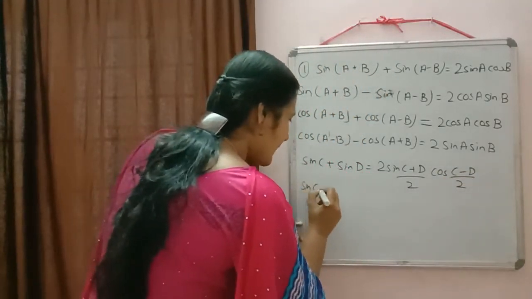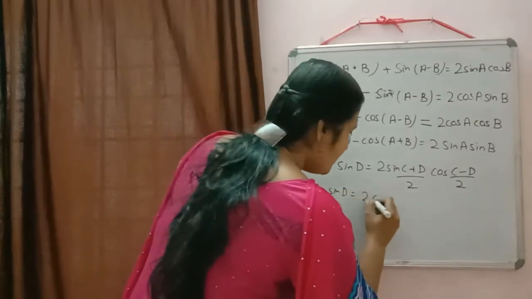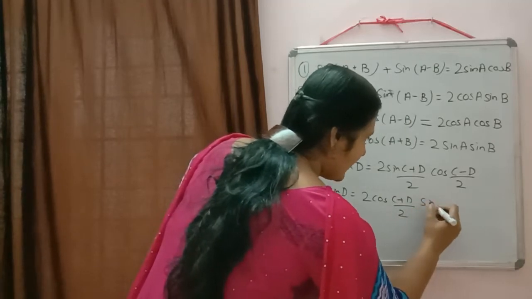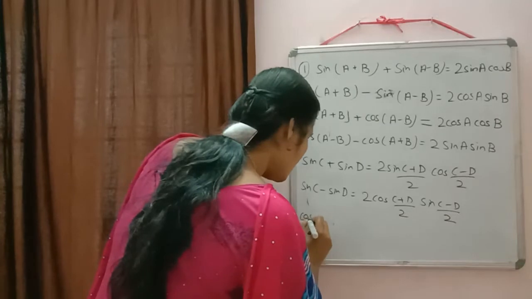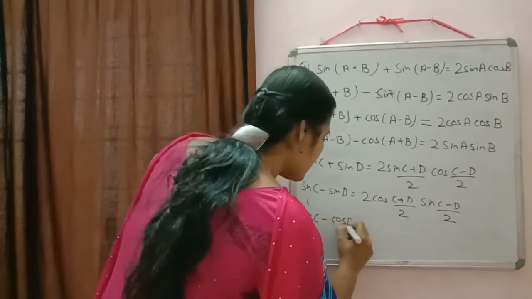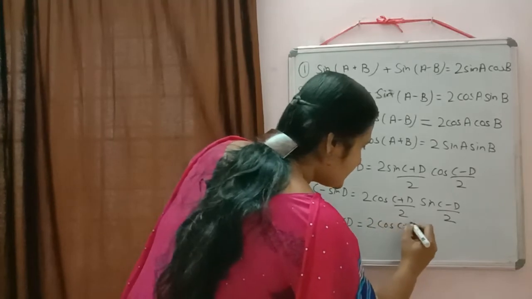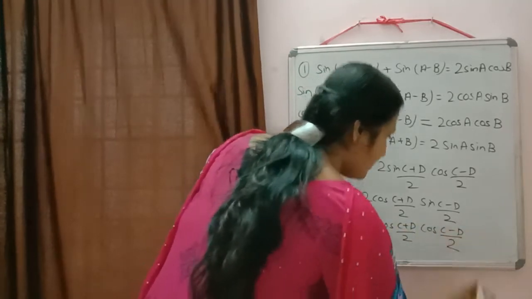Next, sin C minus sin D is equal to 2 cos (C+D)/2 into sin (C−D)/2. Then we wrote cos C plus cos D is equal to 2 cos (C+D)/2 into cos (C−D)/2.